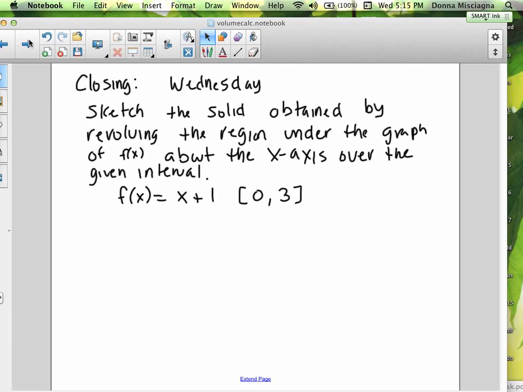Make sure you graph it, write down where your sample disk is, and then find your radius and plug that into the formula for the volume of the disks, then integrate to find all of the disks together in the volume of this figure. I think this is a fairly straightforward problem.